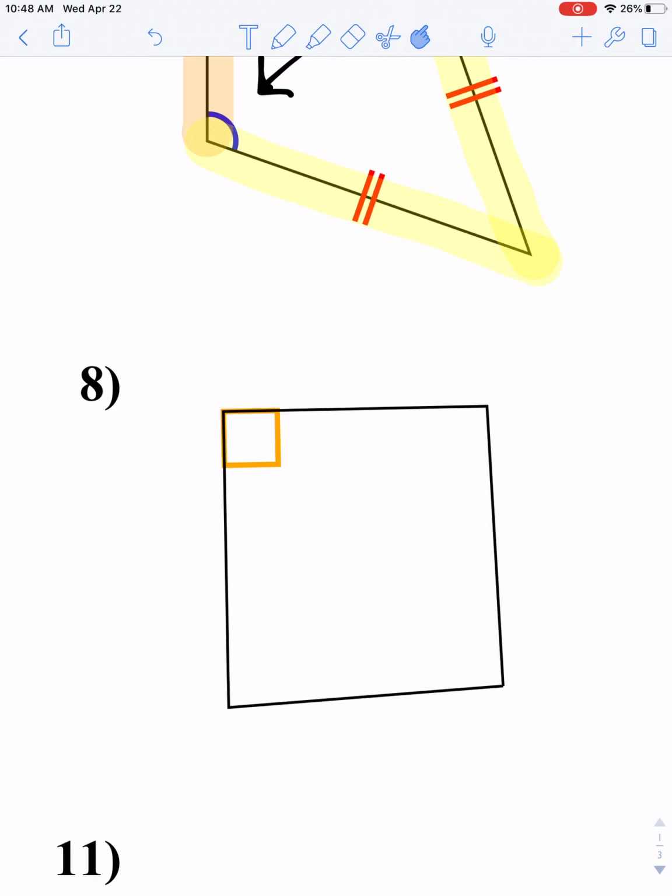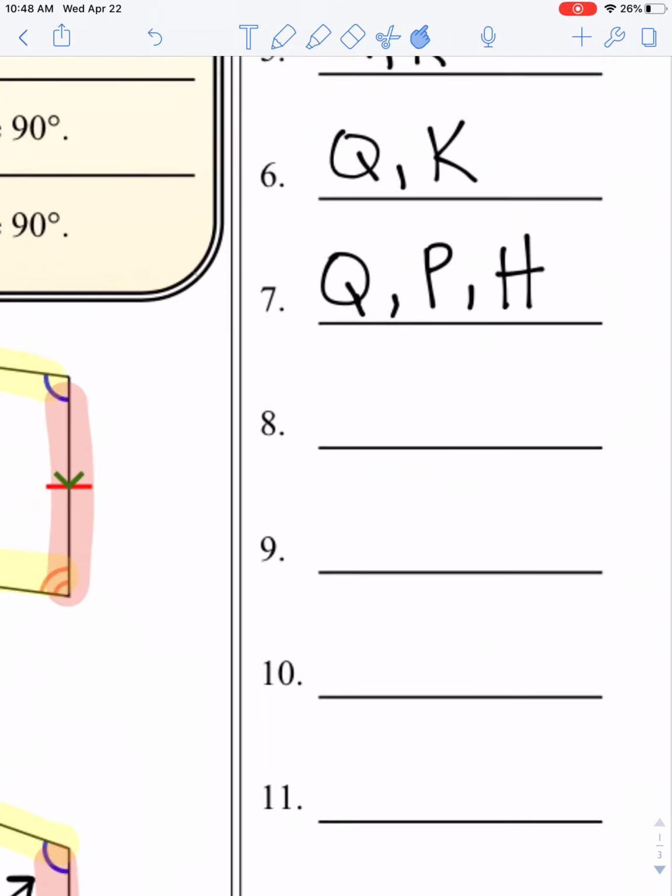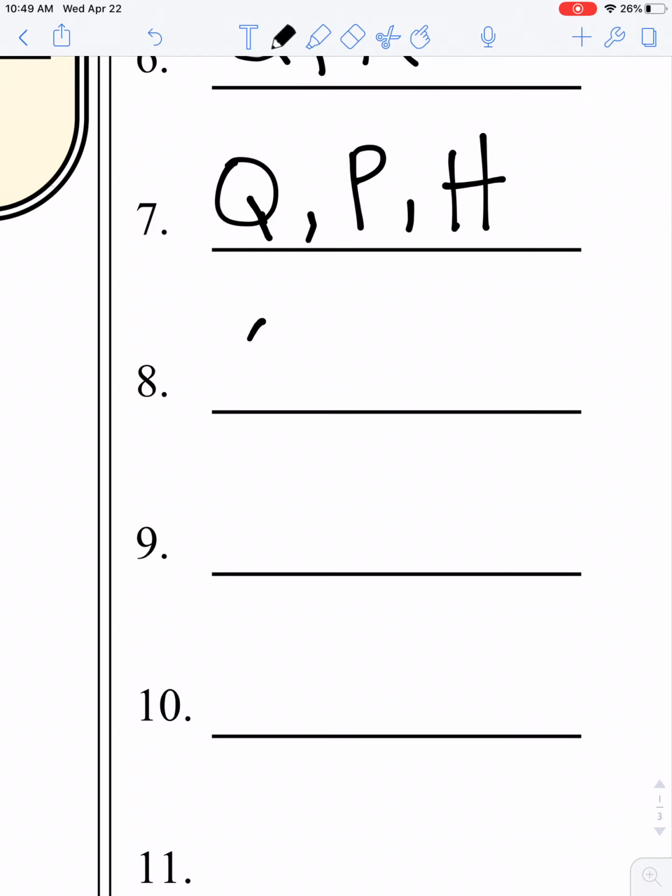It also can't be a parallelogram because those opposite sides are not parallel. It can't be a rhombus because those opposite angles aren't equal. Okay, so the only thing that we can classify number 8 as is a quadrilateral because it has 4 sides. So for number 8, the only symbol we are going to use is Q for quadrilateral.